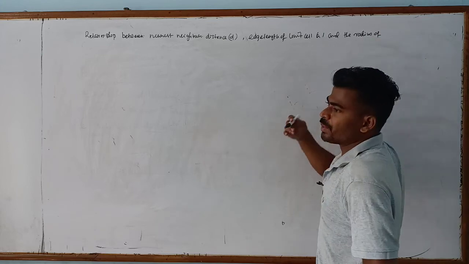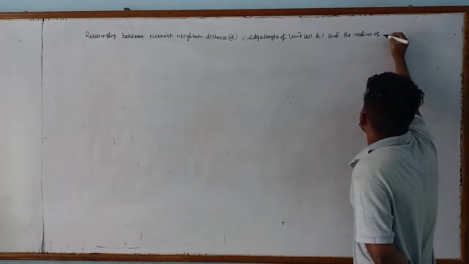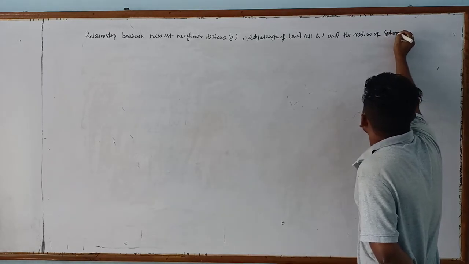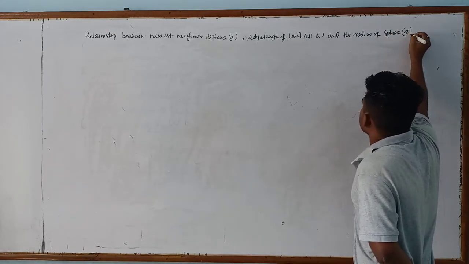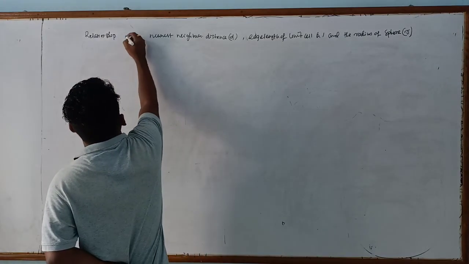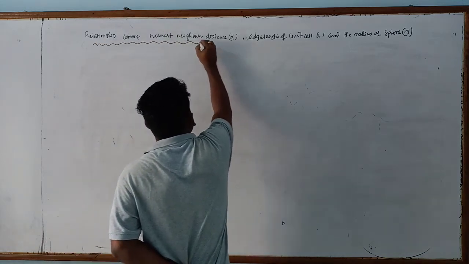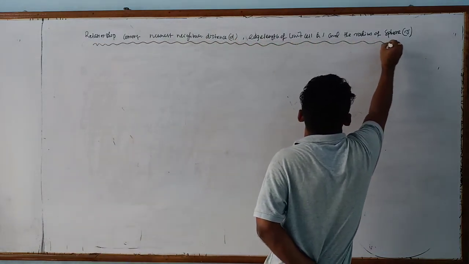Sphere means the packing particles, the constituting particles, which may be atoms, ions or other things, and the radius of the sphere is designated by r. This relation you should know, it is very important.